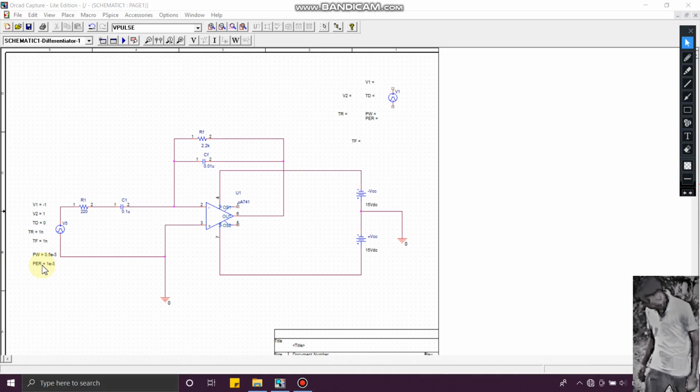Next we have the period. I'm going to generate a square wave of frequency 1000 Hertz, so my time period is 1 by 1000, that is 10 power minus 3.